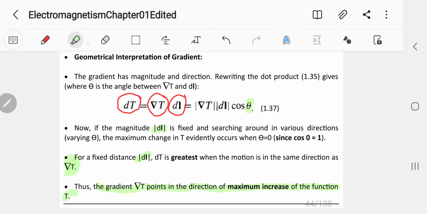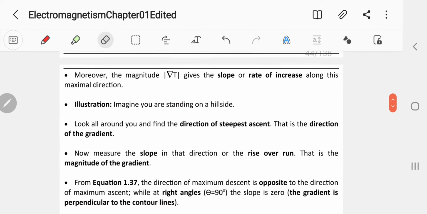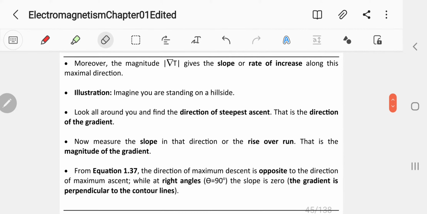Now, the magnitude of del of T gives the slope or rate of change along its maximal direction.